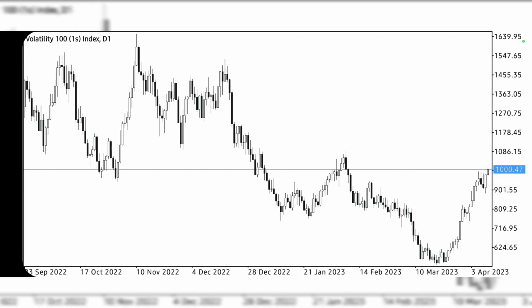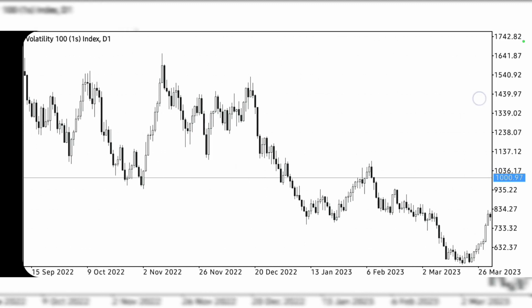And when we talk about point of interest, there are different places you can mark out as your point of interest. Now guys, I'm going to tell you to always make use of area of interest, because you cannot decide what the market should do.